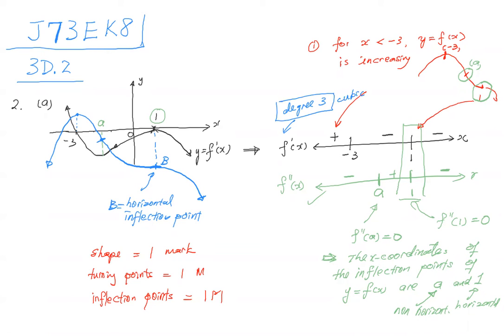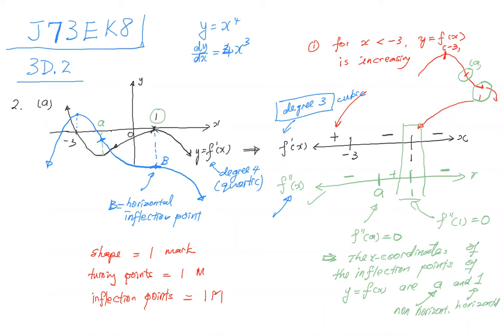So your f(x) will be quartic, degree 4. So your f double prime x will be, if I have y equal to x to the power of 4, dy/dx is 4x cubed.